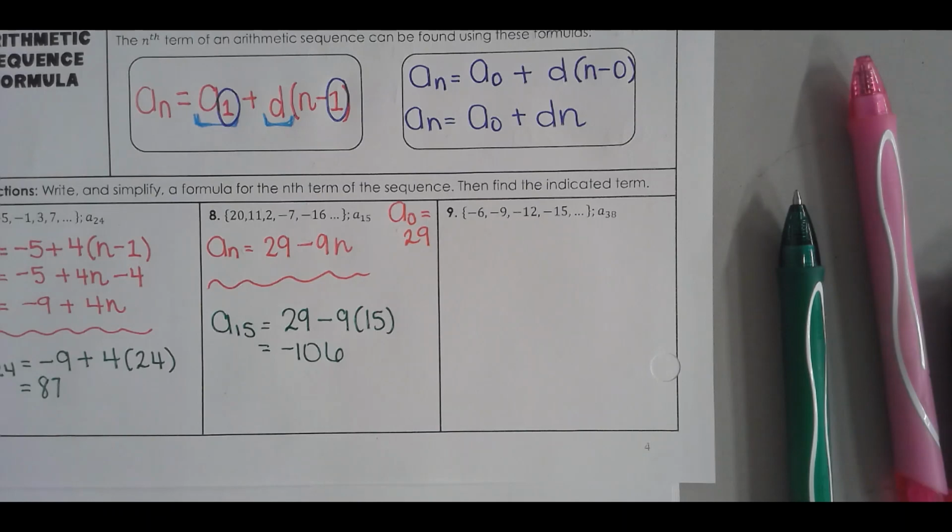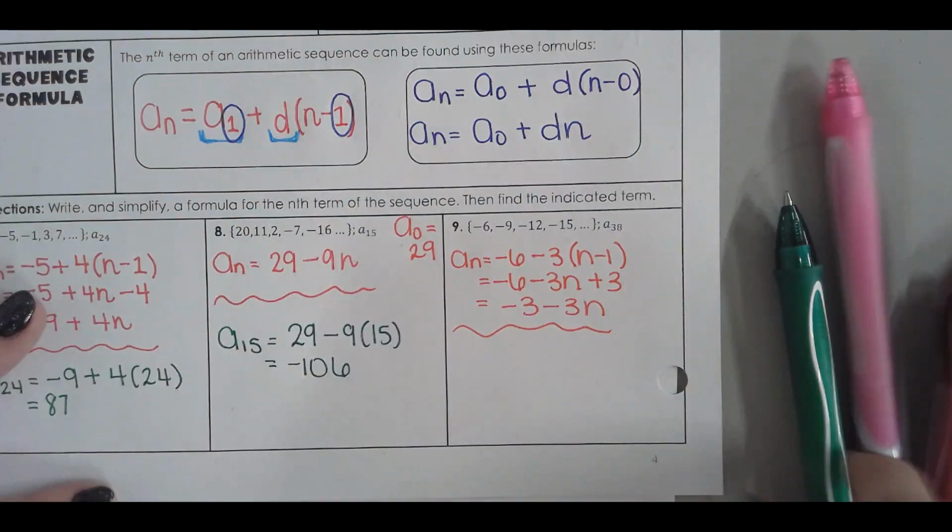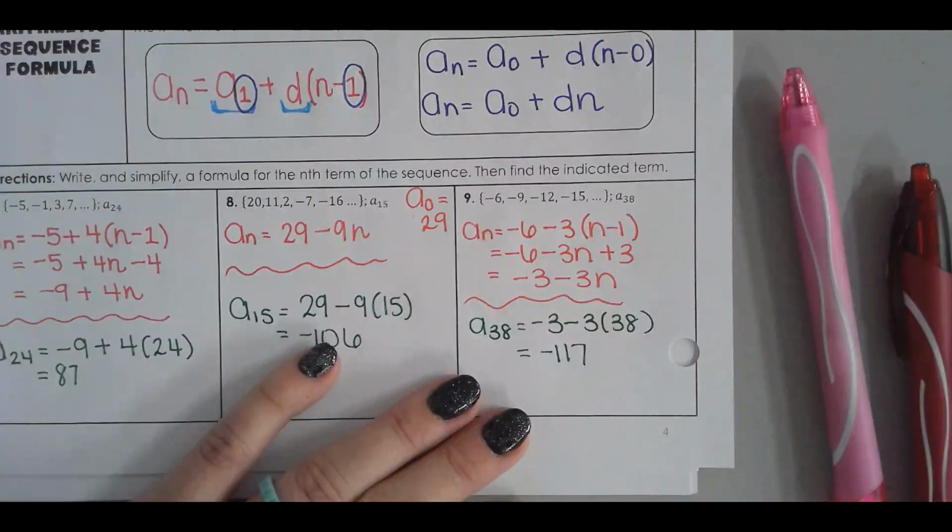Plus d, but it's negative 3, so I'm going to do minus 3, which is negative 6 minus 3 plus 3, which is negative 3 minus 3n. And then the 38th is negative 3 minus 3 times 38. And what does that give?